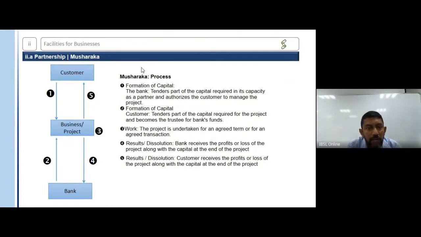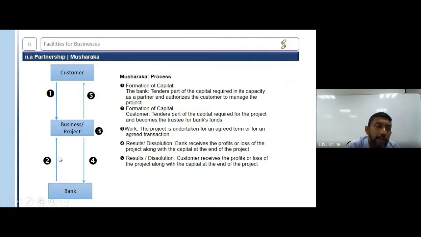Both parties, meaning the customer and the bank, contribute capital towards the identified transaction, a business, or a project. For instance, in arrow number 1 and 2, let's assume the bank contributes 100,000 rupees and the customer contributes 100,000 rupees to form the capital of the Musharaka here.